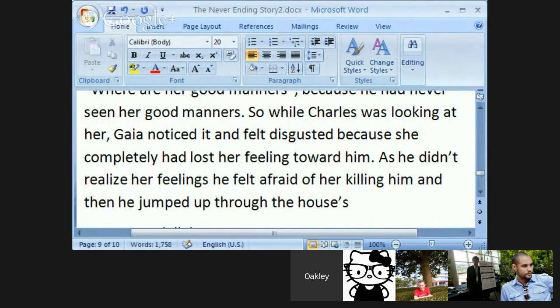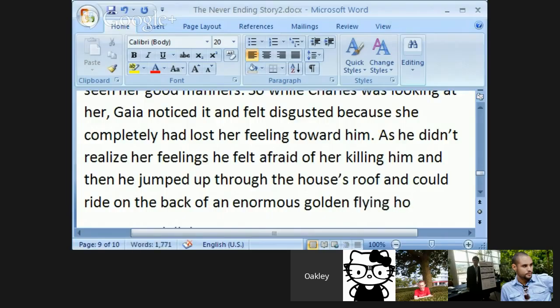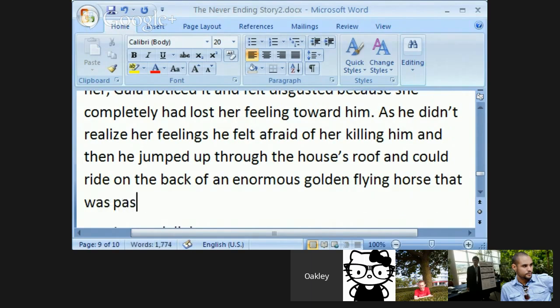And could ride on the back of an enormous golden flying horse that was passing, that was cleaving the air. Cleaving the air? Okay. That was cleaving the air with its wings.